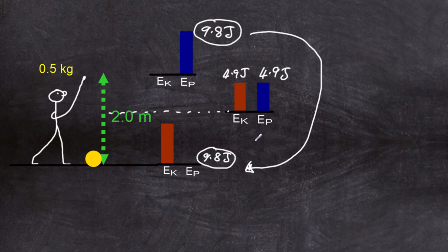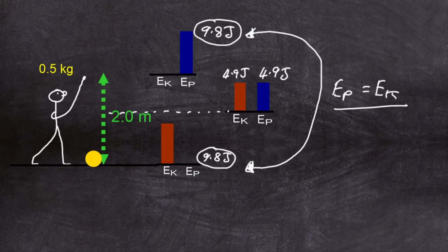And likewise, vice versa. If we start off the ball with kinetic energy at the bottom, as we give it a launch, then that kinetic energy will be changed into gravitational potential energy at the top. So really these two things are the same. We know that the gravitational potential energy is going to equal the kinetic energy at the bottom. And this helps us solve quite a lot of really useful physics problems, knowing this idea of conservation of energy.